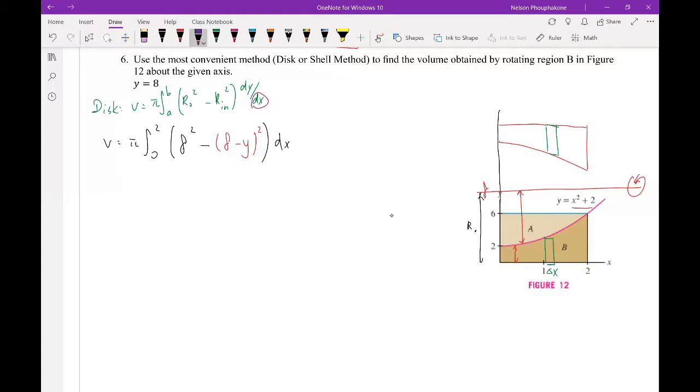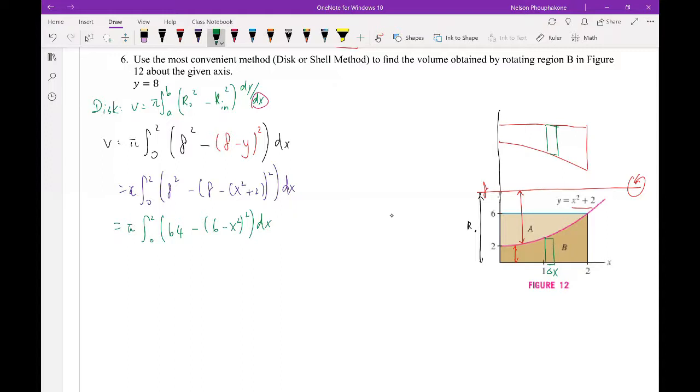So in this case, we could have pi, 0 to 2, of 64 minus, maybe just copy it down first, 8 minus x squared plus 2, to the square, dx. Then of course we are going to have this one. So I have 64 minus 6 minus x squared, to the square.